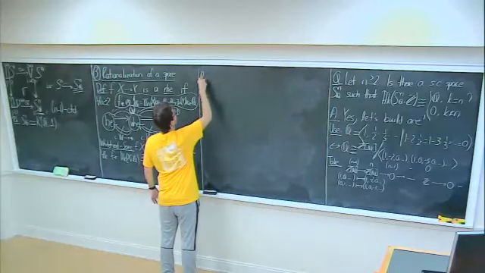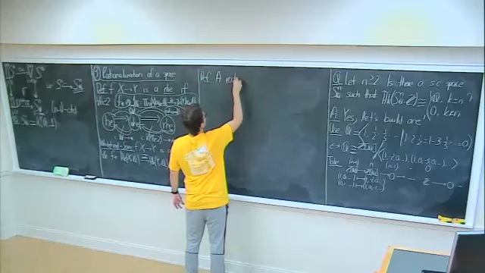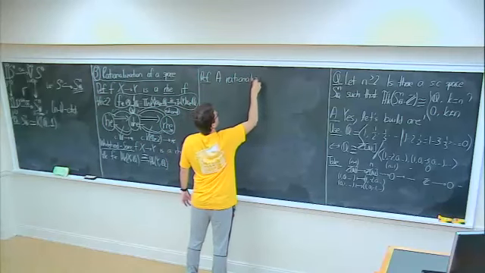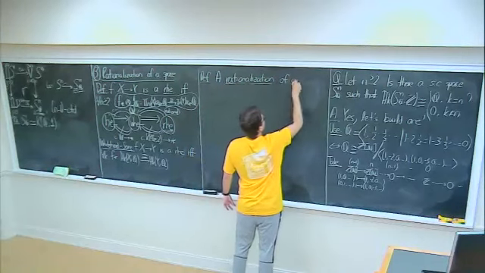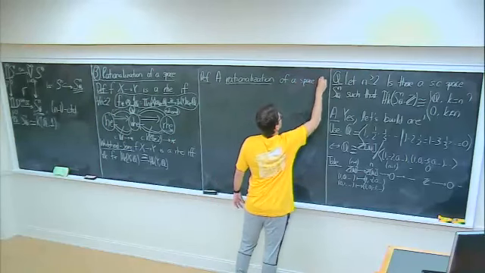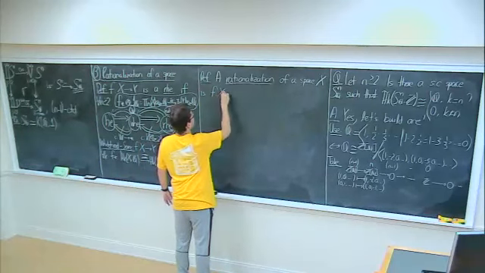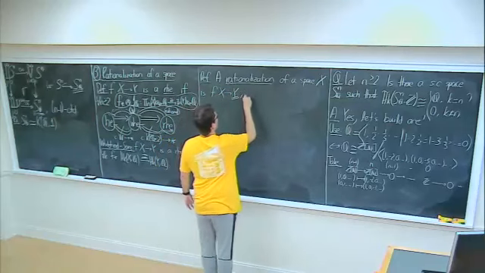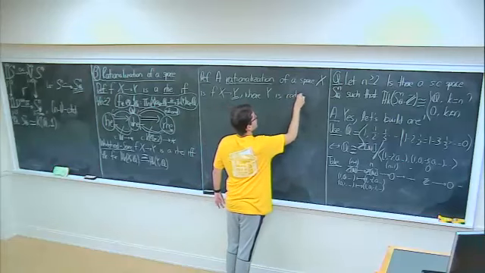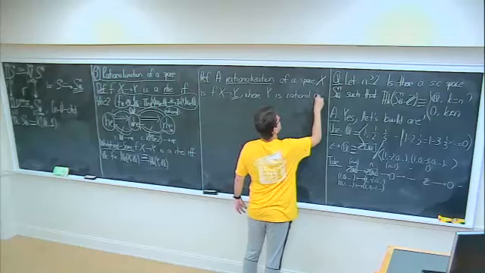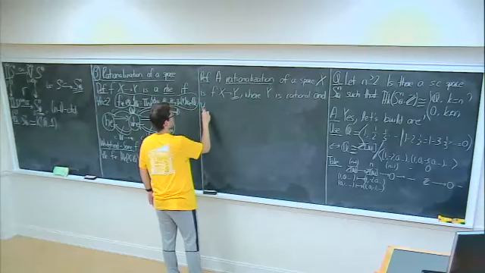Definition: a rationalization of a space X, again simply connected, is a map f from X to Y, where Y is rational, so it has a rational target, and if you look at the homotopy groups, of course we're in simply connected land, so we go for n at least 2.